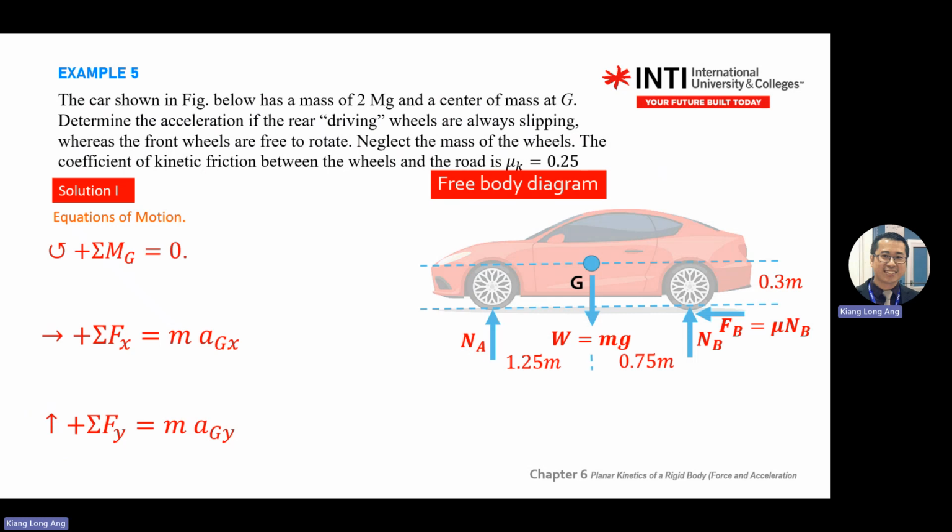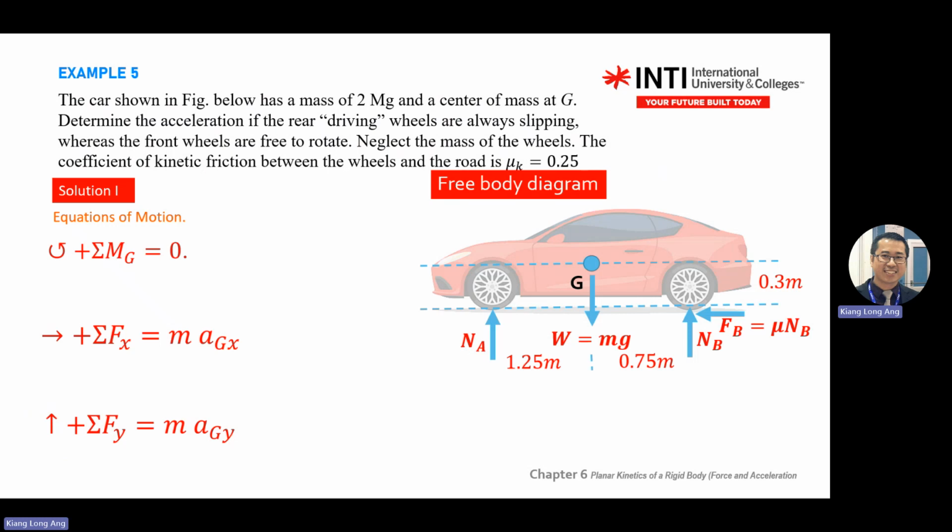This one, and this one. So these forces will create moment. You know moment, right? Force multiplied by perpendicular distance. So this one clockwise, this one anti-clockwise, this one anti-clockwise. So you have 3 moments, NA, NB, FB, multiplied by the distance.